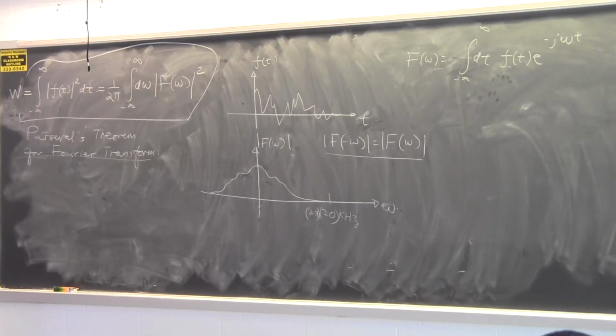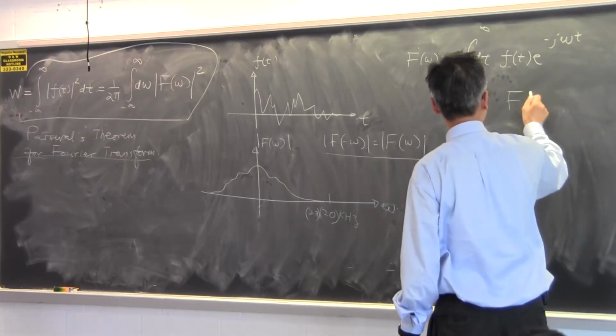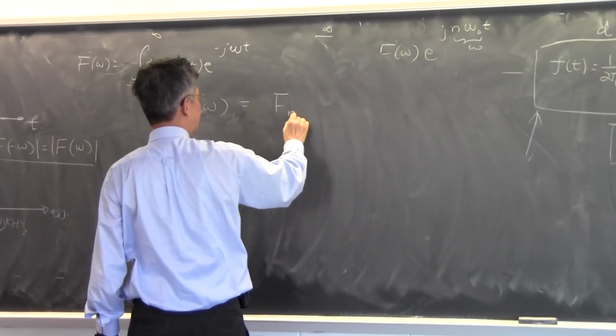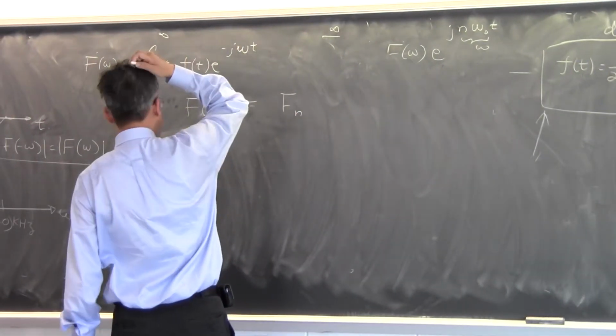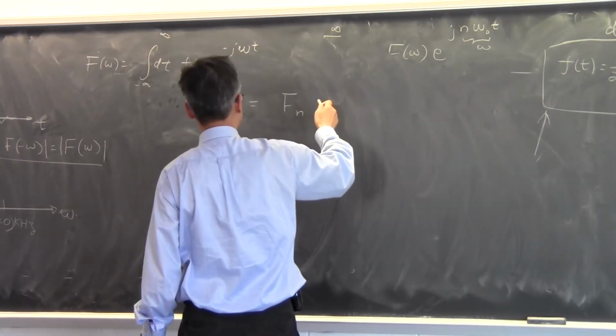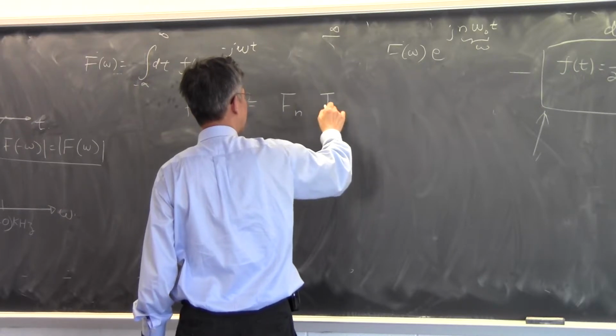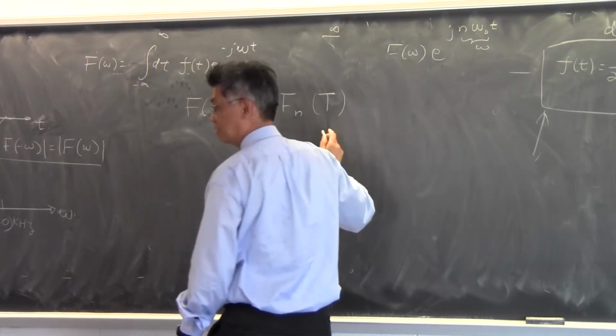One thing that you know is that this f of omega is just the amplitude of f sub n times that number which I forgot. What was it? Is it omega over 2 pi equal to t? Right, that number is just t.